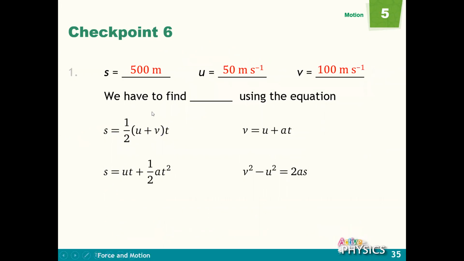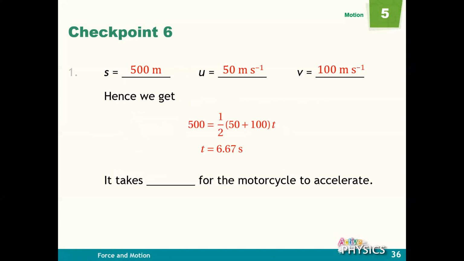We have displacement, initial velocity, and final velocity, and we need to find t, so obviously we need to use equation 1. Put all the numbers into the equation, and that should get the answer. The answer is 6.67 seconds.